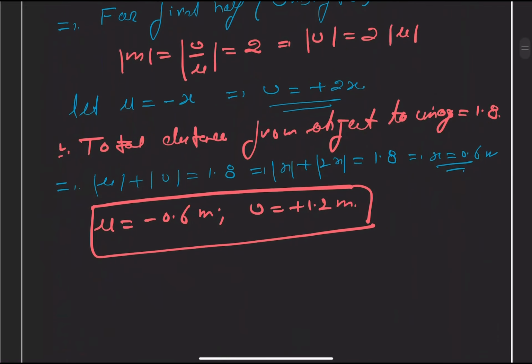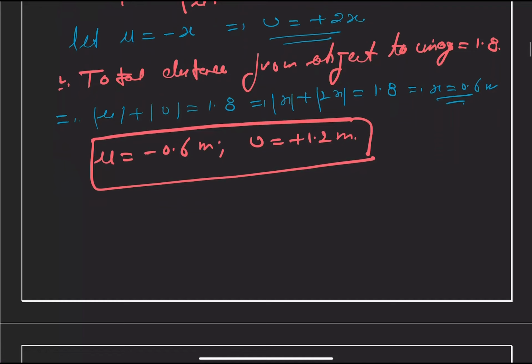Now we can find out its focal length also by using the standard formula. One upon f is equal to 1 upon v minus 1 upon u. So this is 1 upon 1.2 minus of 1 upon minus 0.6.